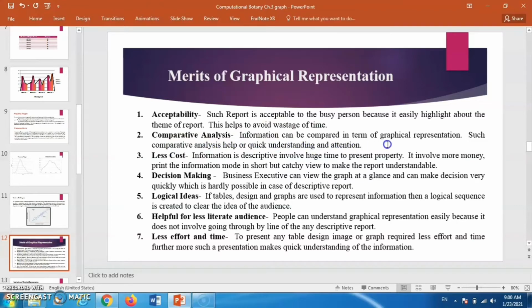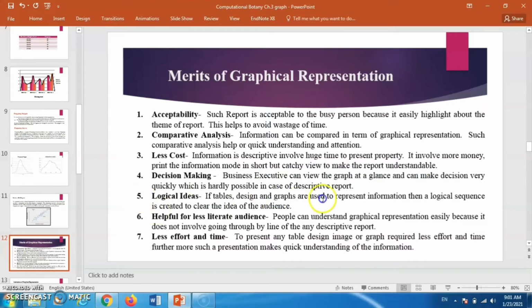Information can be compared in terms of graphical representation, which helps quick understanding and attention. Less cost. Descriptive information involves huge time to present properly and involves more money. Print the information in a short but catchy view to make the report understandable.